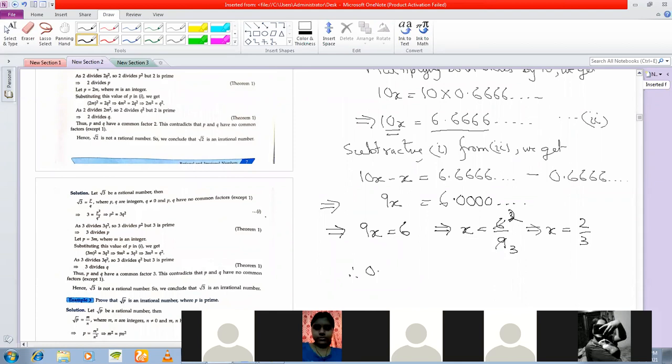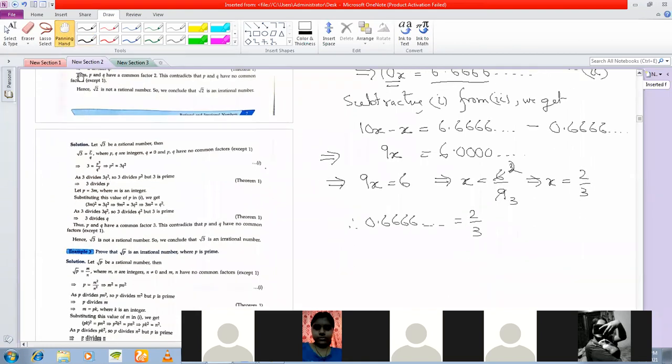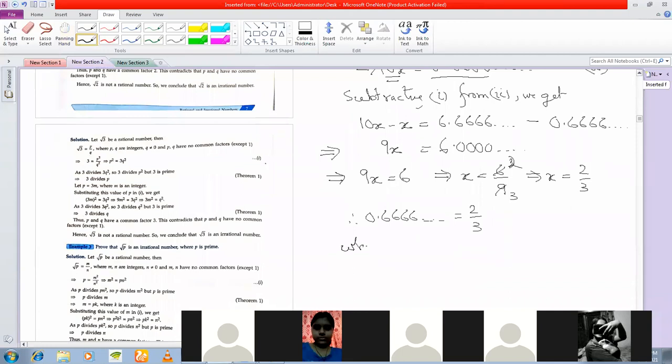So therefore 0.6666 and so on, when converted to a fraction, is nothing but 2 by 3, which is of the form P by Q. Hence 0.6 recurring, or 0.6666, is a rational number.